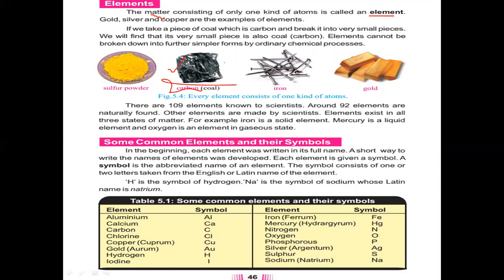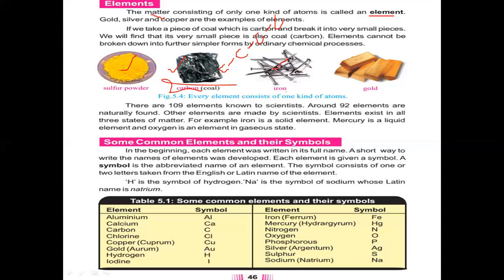When carbon makes bonds, it has attraction with carbon, and all the atoms present inside are carbon. So it is called an element, and that is coal. Here is another example, sulfur, which is in powder form.